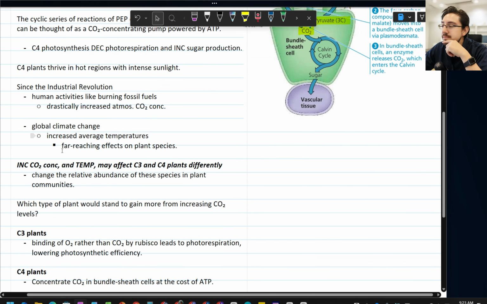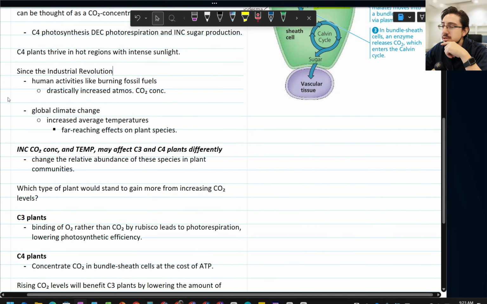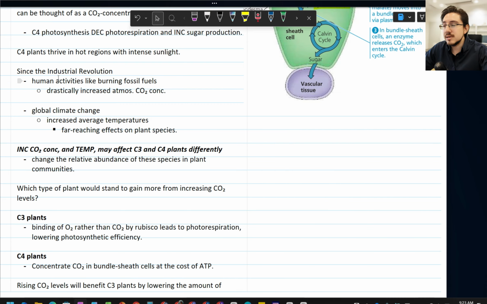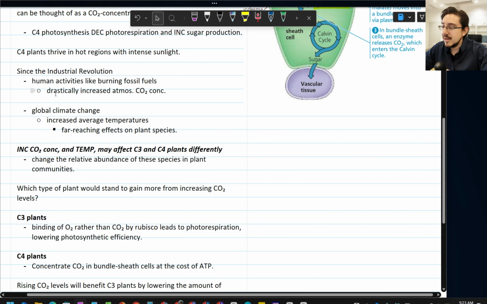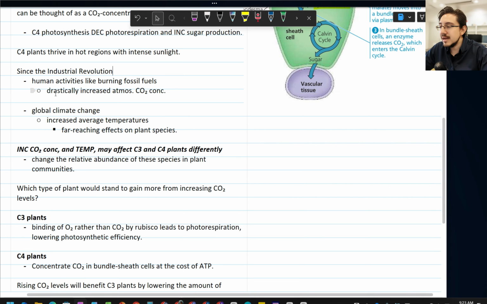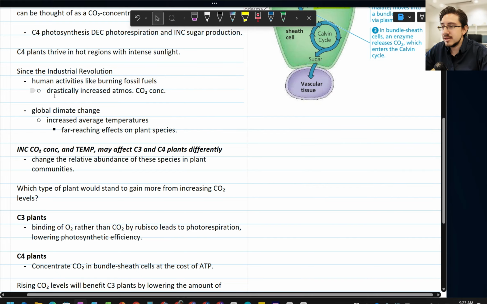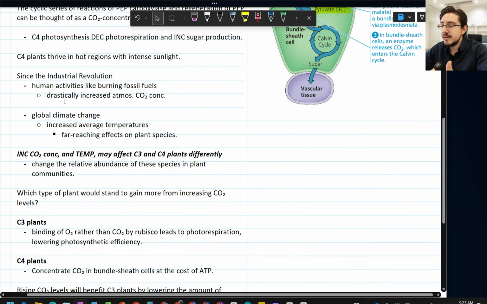Since the Industrial Revolution, just a little bit of additional information on human impact. Yes, human activities have been burning. We know this. We're familiar with this idea. Human impact burning fossil fuels. We're providing an increase in carbon dioxide, climate change, and an increase in temperature that has been affecting even these metabolic pathways.